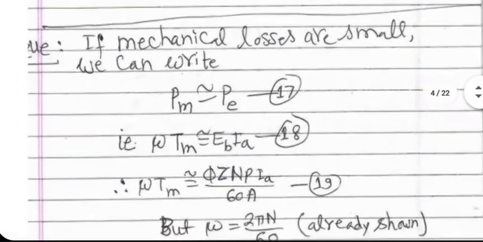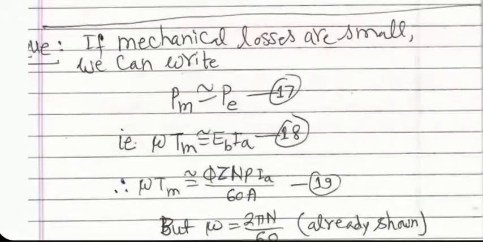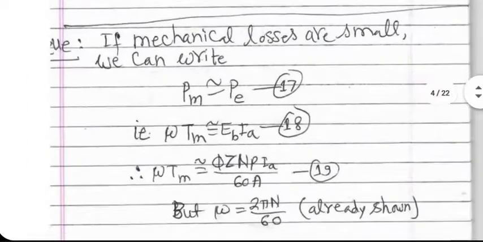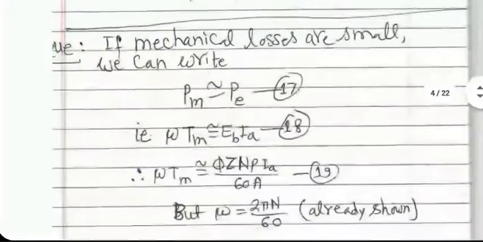I can take this equation further because I know the value of EB as phi ZNP divided by 60A. And I'm looking at separately excited case right now. So omega Tm will become approximately equal to phi ZnP divided by 60A and the entire thing multiplied by Ia. And omega is 2 pi n by 60.